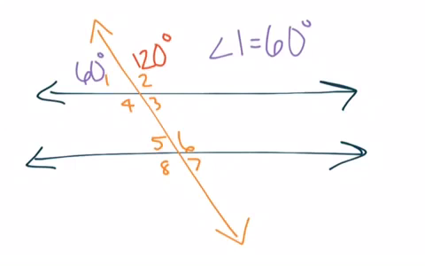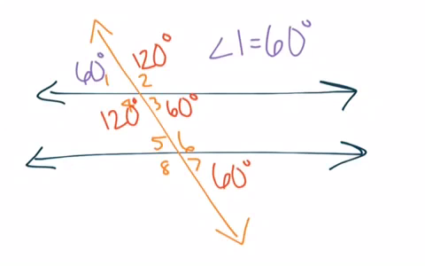Since angle 4 and angle 2 are vertical angles, they're going to be congruent. Same as 1 and 3, those are going to be 60. Angle 1 and angle 7 are alternate exteriors, so they are also congruent. They have the same degree.